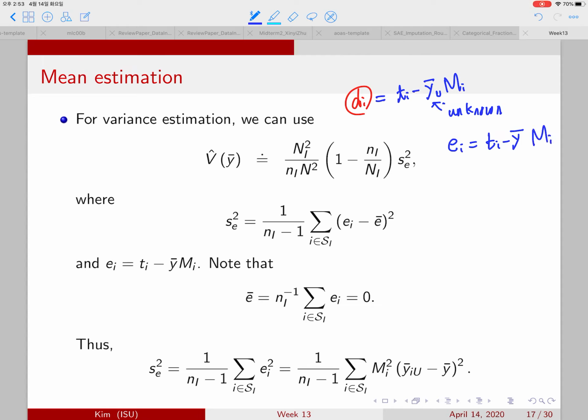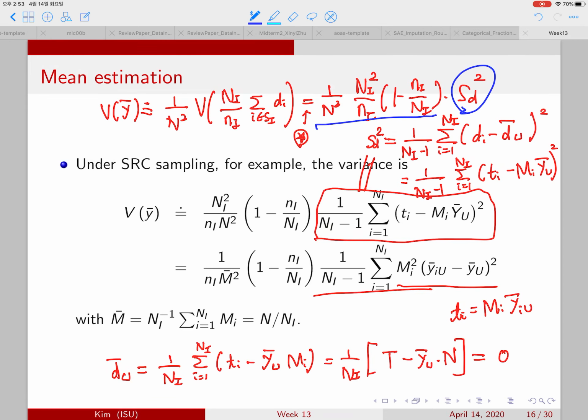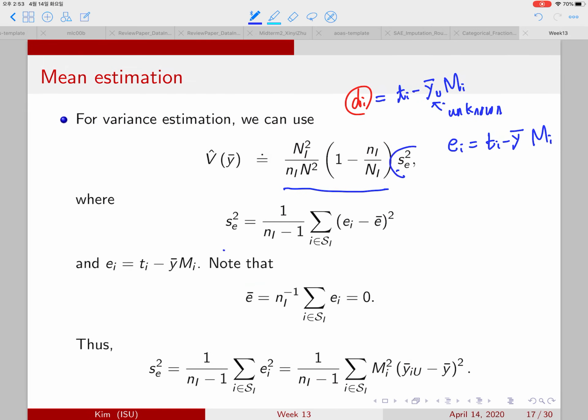So this part is the same as here. The only thing that changes is the estimator of sd squared, and that is se squared, and this is the estimator of di, equal to ti minus y bar mi.